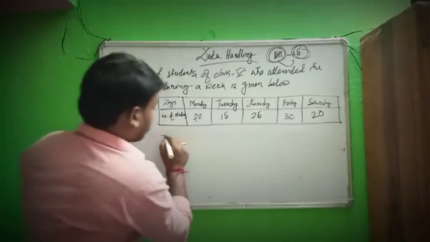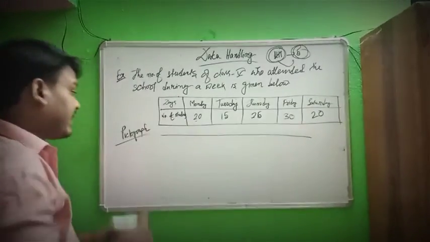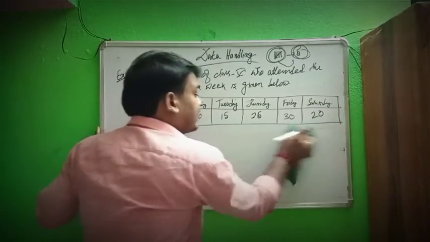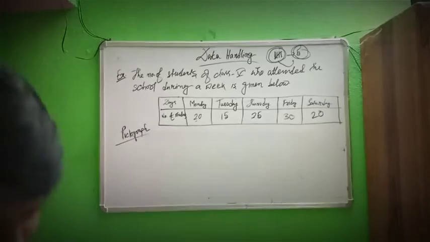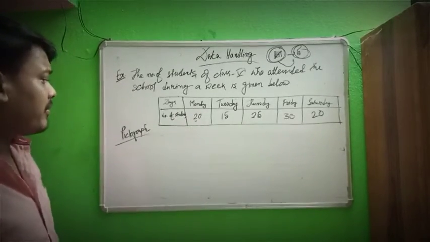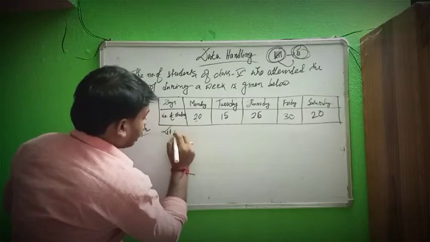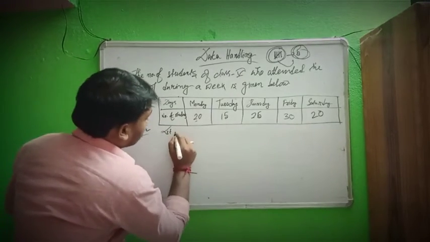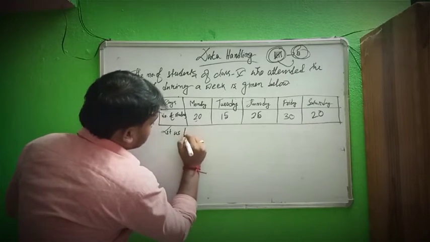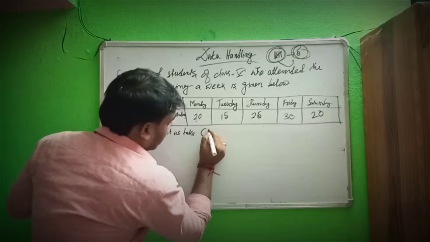So let's start. For that, first we set one picture by which we represent the number of students. First you need to define. Let us take this symbol.